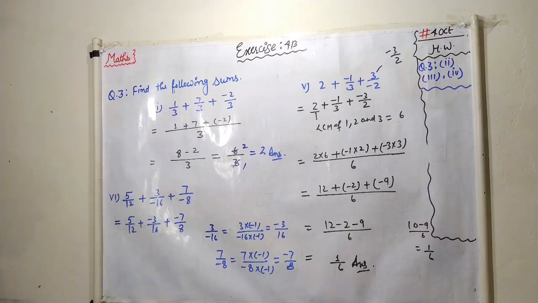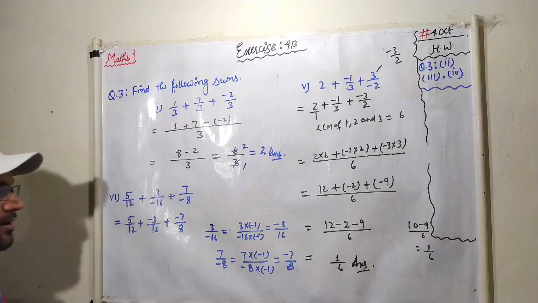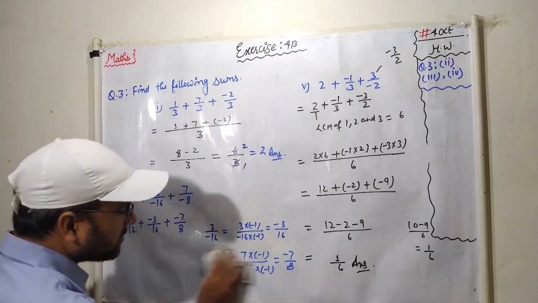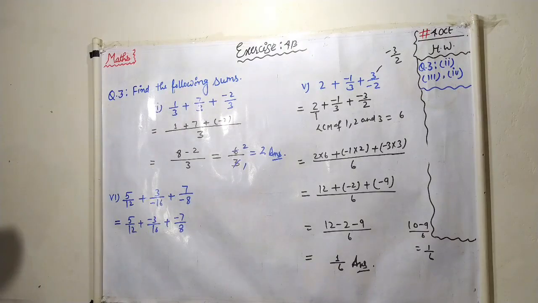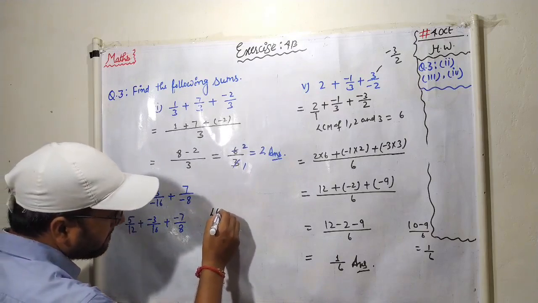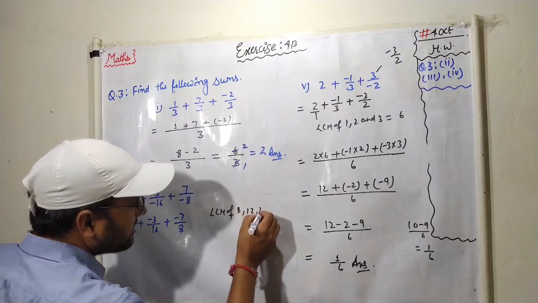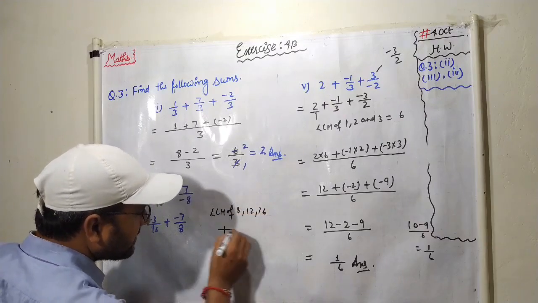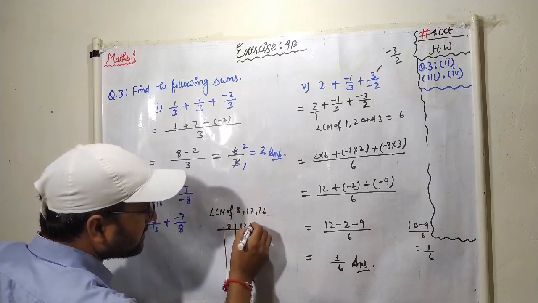Then after that you will take the LCM of 12, 16 and 8. Okay, so here I am going to take that LCM. LCM of 8, 12 and 16. Very easy, students. 8, 12, 16.